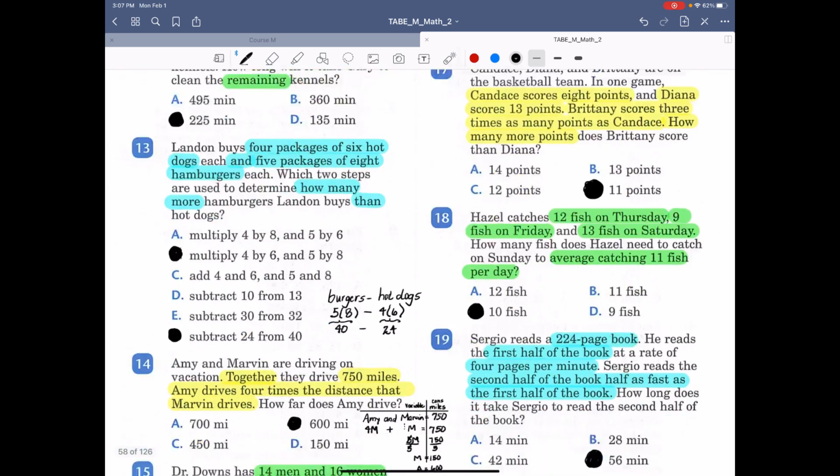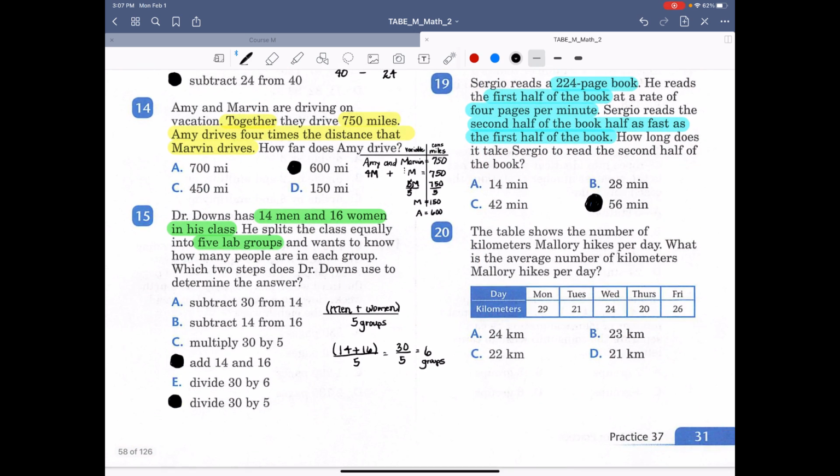And finally, number 20. The table shows the number of kilometers Mallory hikes per day. What is the average number Mallory hikes per day? So they're wanting us to find an average. And I can do that right here. An average always works the same way, and sometimes it's called a mean.